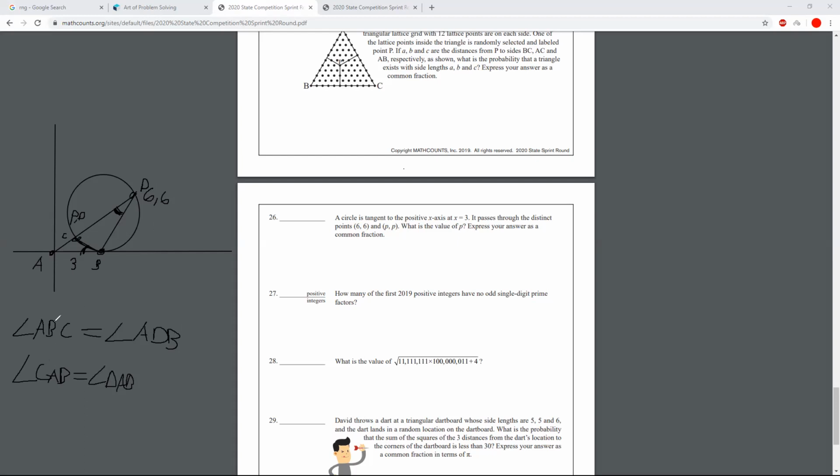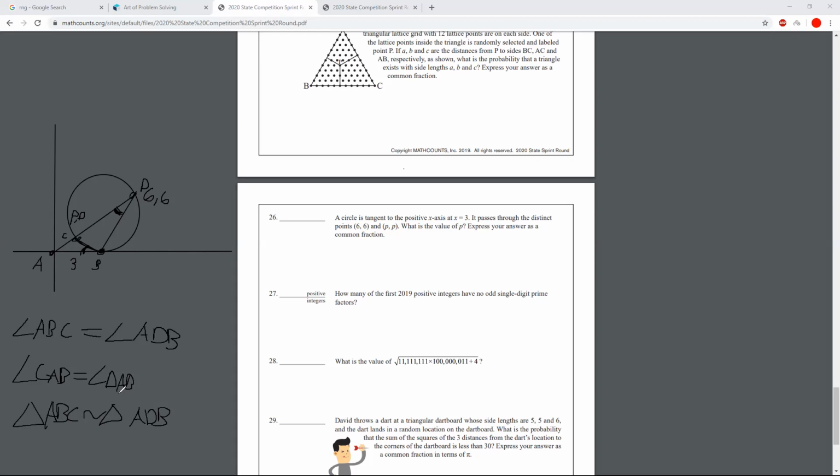Okay, so if we know that two angles of the triangles are congruent, we know that they're similar. So we have that triangle ABC is similar to triangle ADB. If you're wondering when you learn this, you learn it when you take geometry in school.